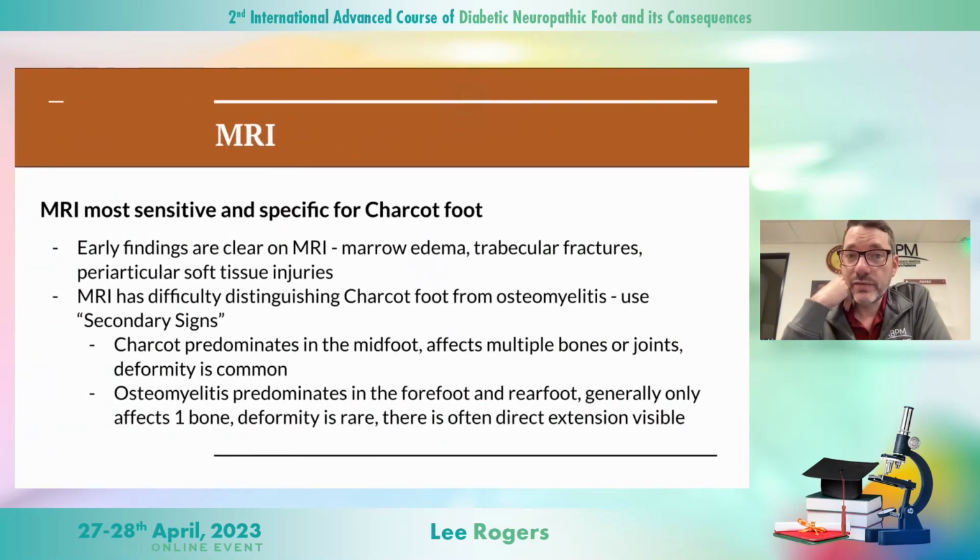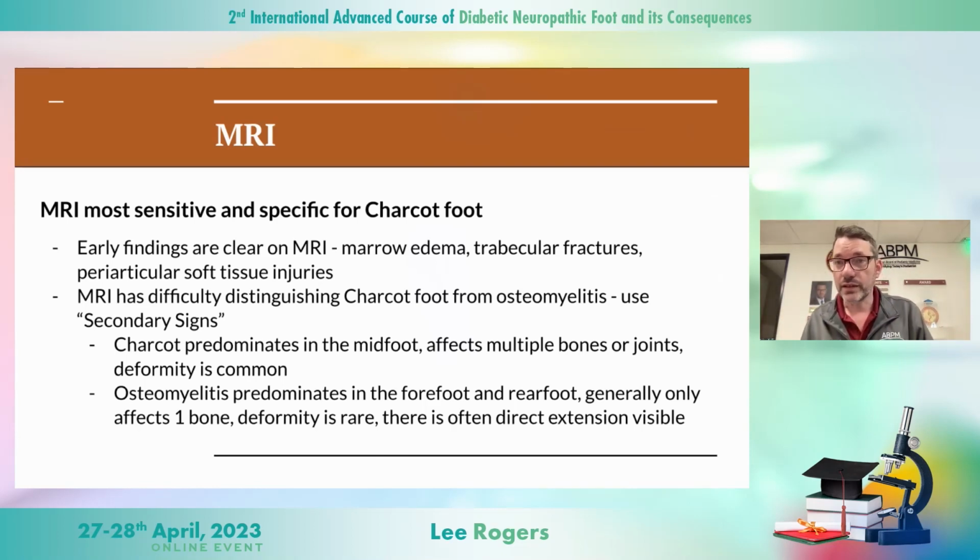MRI is really the most sensitive and specific for Charcot foot. The early findings are pretty clear on MRI: marrow edema, trabecular fractures, periarticular soft tissue injuries. But what's most useful is to understand the secondary signs to look for in an MRI to help distinguish it from osteomyelitis.